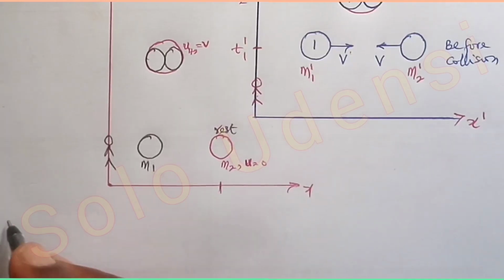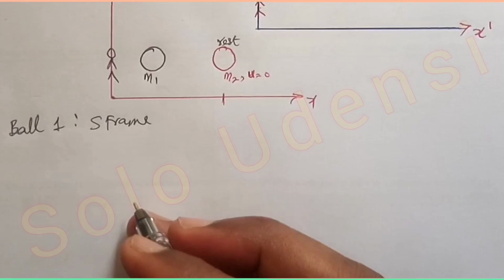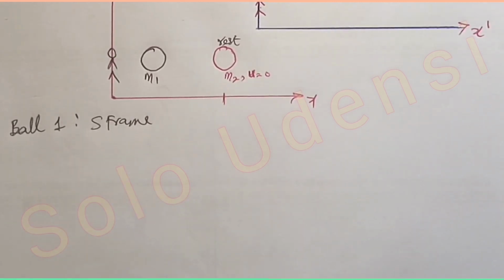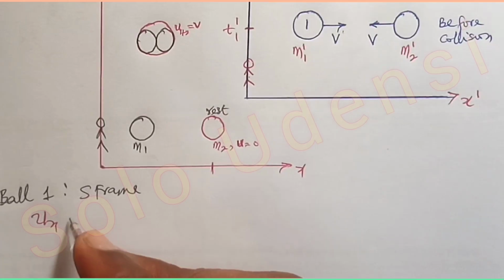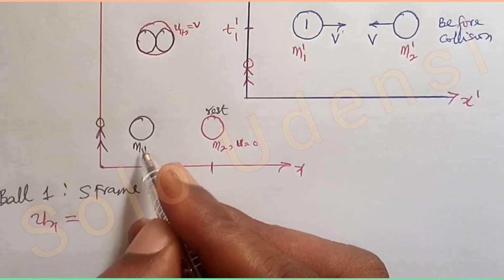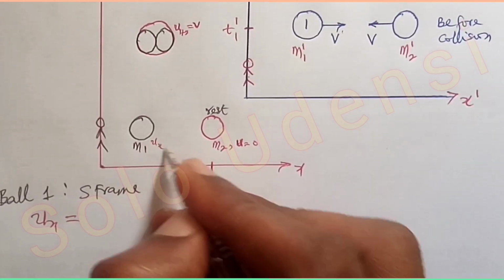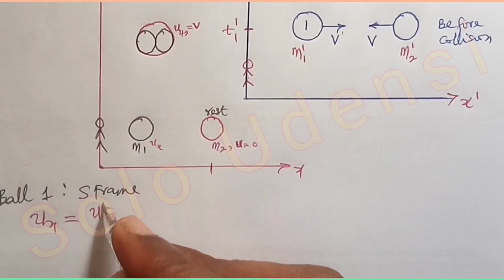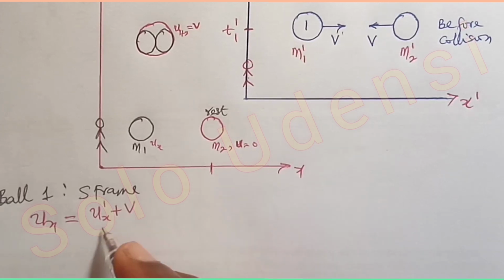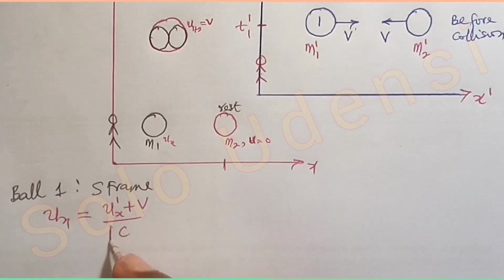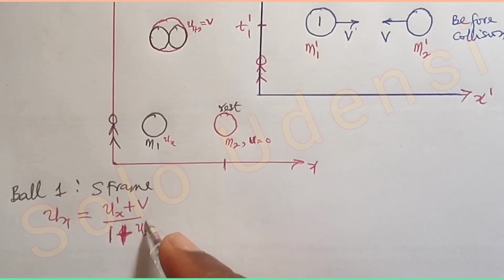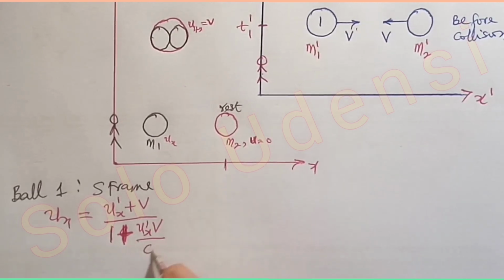For ball 1 in S frame, he will see, if we use the Lorentz transformation of velocity, ux is equal to ux prime plus v all over 1 plus ux prime v over c squared.